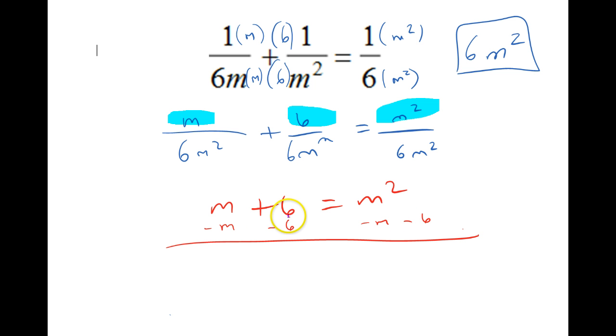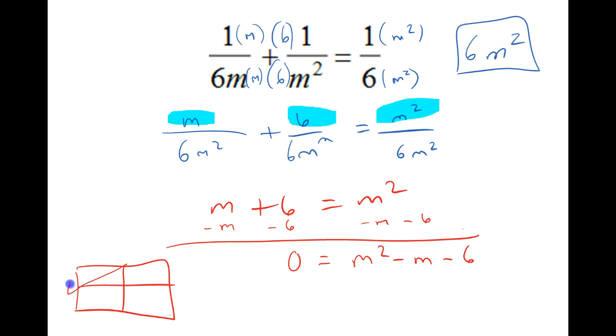Because then I can decide whether I want to use factoring, which could be an easy solution, or use the quadratic formula. In this case, now I'll have 0 equals m squared minus m minus 6. I'm going to go ahead and try to factor. In this case, using my box method, I'll have m squared, negative m, and negative 6.